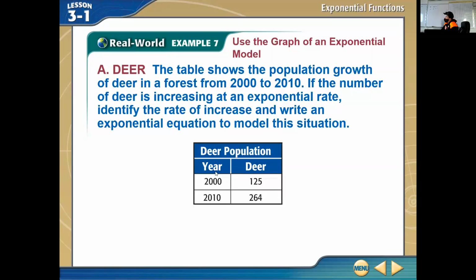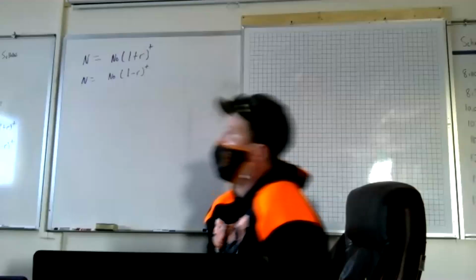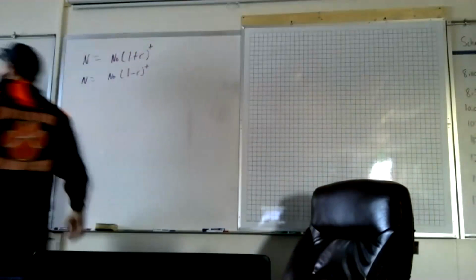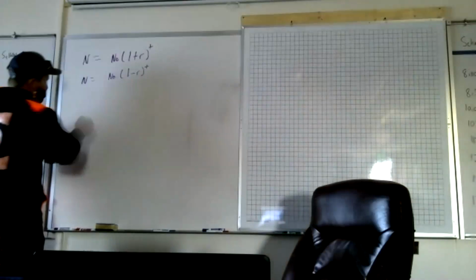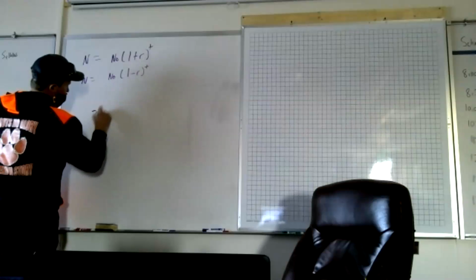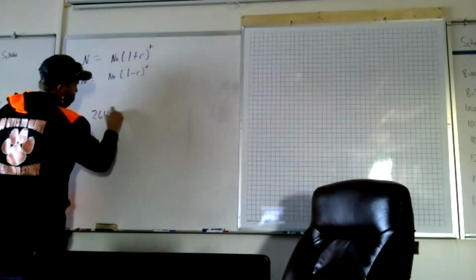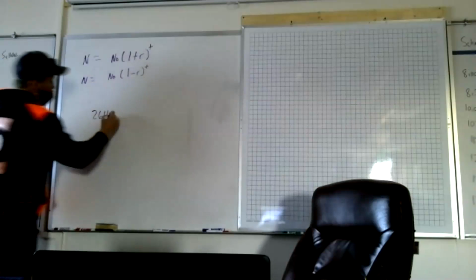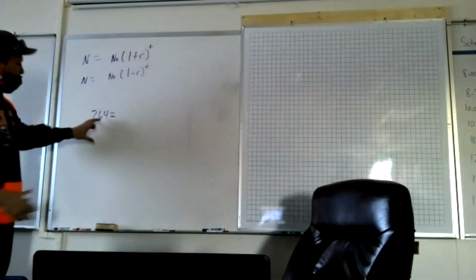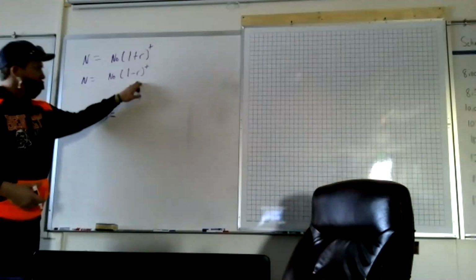So we want to take this information and plug it into our exponential growth. Exponential growth is 1 plus r. So I'm going to take the amount of deer that was in 2010, and I'm going to set that equal to N. Why am I setting that equal to N? Because it's not the initial population. That's the number after 10 years.